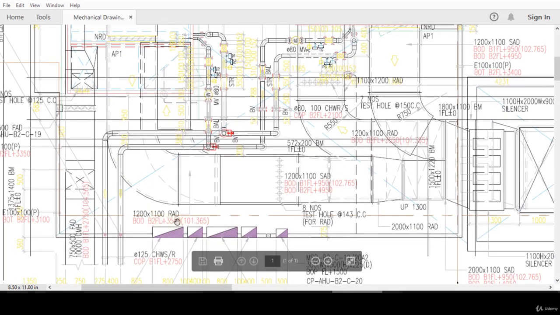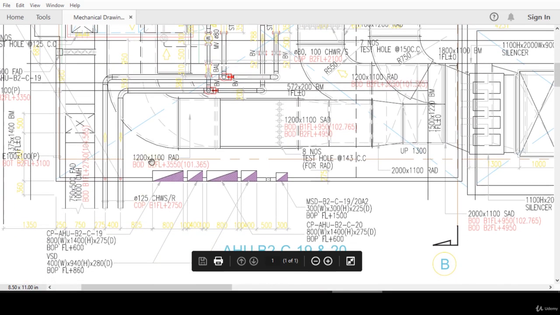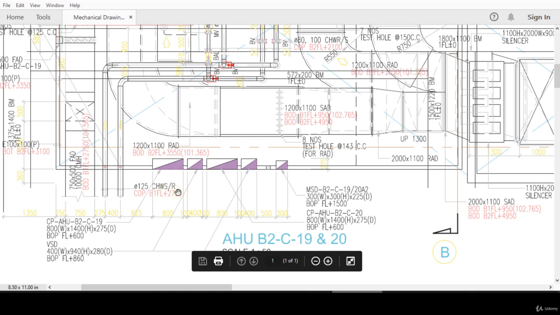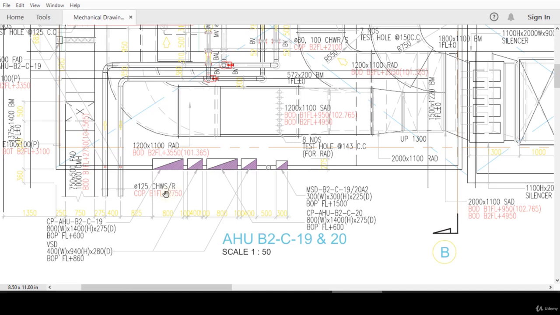Return air duct is RAD, and fresh air duct is FAD. And CHWS, CHWR with a diameter represent the chilled water supply and chilled water return pipes. The ones that look smaller are actually pipes, not ducts. The ducts are the ones that look much bigger.